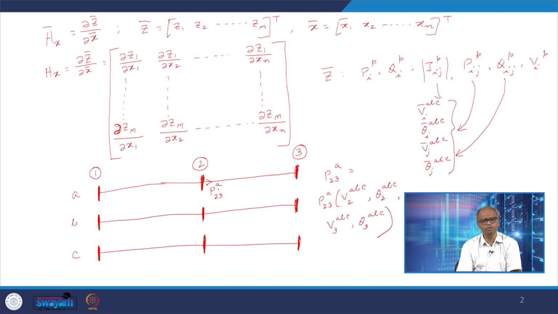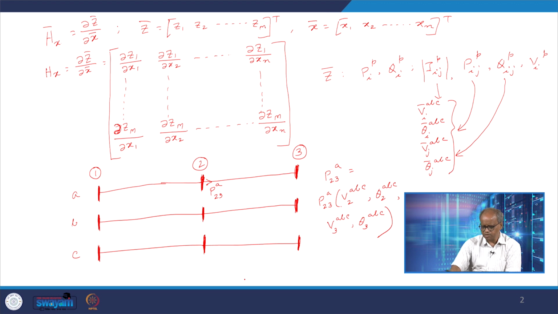It will not at all be a function of any quantities associated with bus 1. That means it will not be a function of V1A, V1B, V1C, or theta 1A, theta 1B, theta 1C.